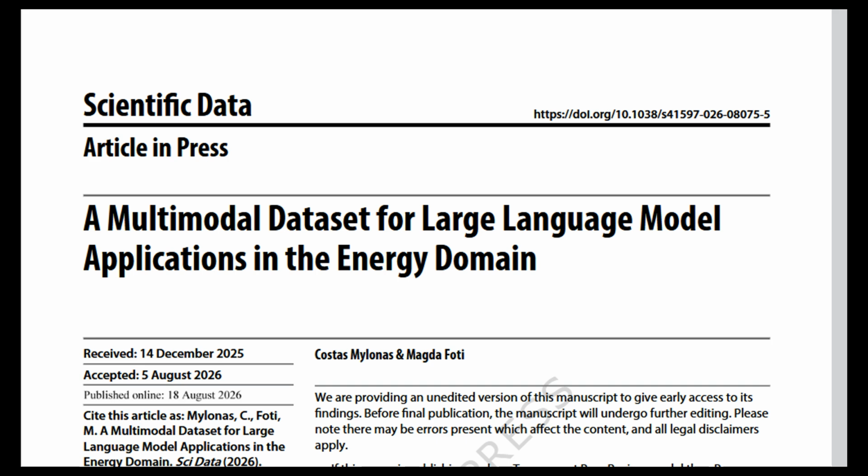Numerical data, 25 million records, encompasses electricity load, generation, and market prices from ENTSO-E, annual energy balances and macroeconomic indicators from Eurostat, building stock characteristics from the EU Building Stock Observatory, and historical weather observations from OpenMeteo.